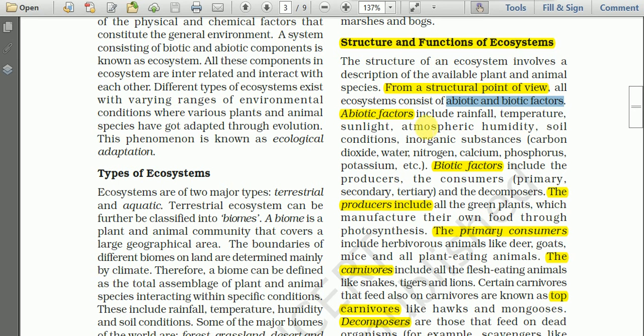So what are the abiotic factors? About it we have also discussed earlier.